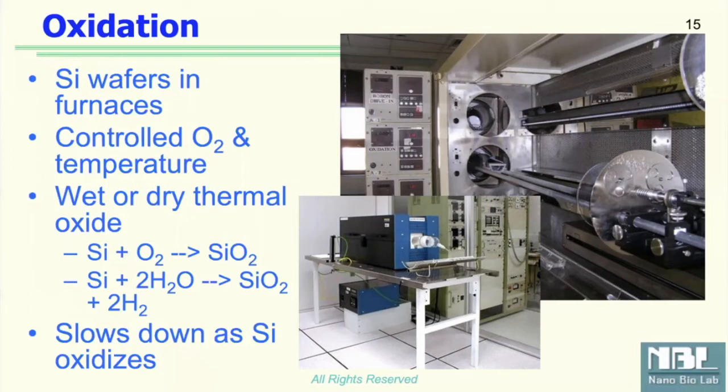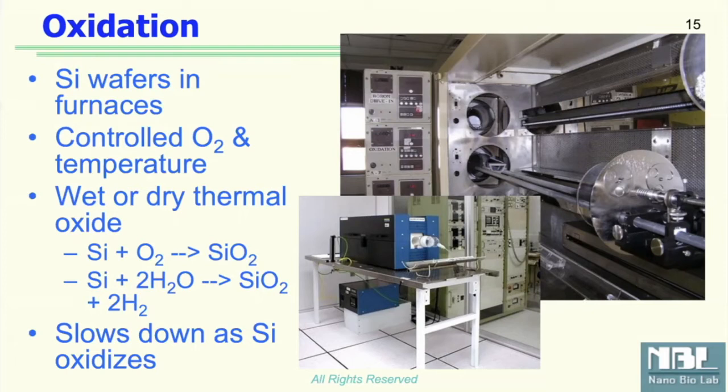But here what we are doing is changing the surface silicon atoms into silicon dioxide. We keep on supplying those oxidizing species. They have to diffuse through, get to the lower level of silicon, and keep on using pure silicon and converting it to silicon dioxide.